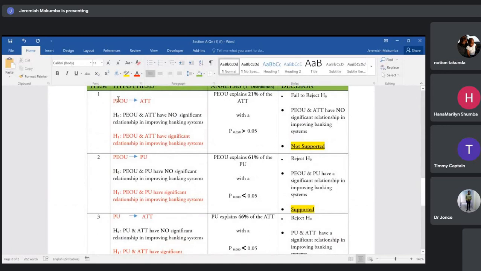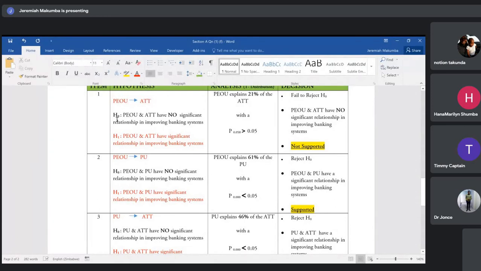So PEOU, which stands for perceived ease of use, having a relationship with attitude which is significant in improving the banking system, that's an alternative hypothesis.